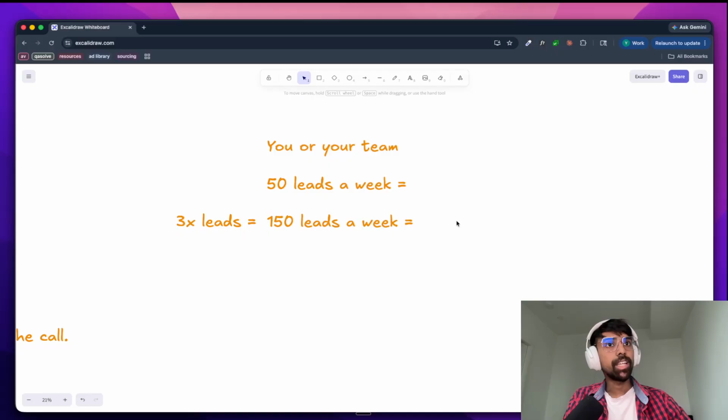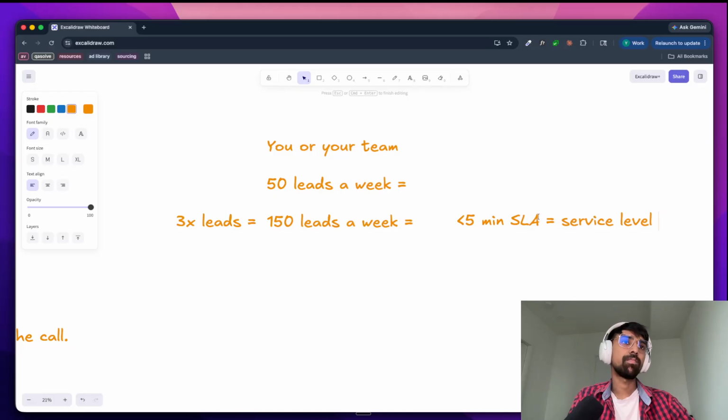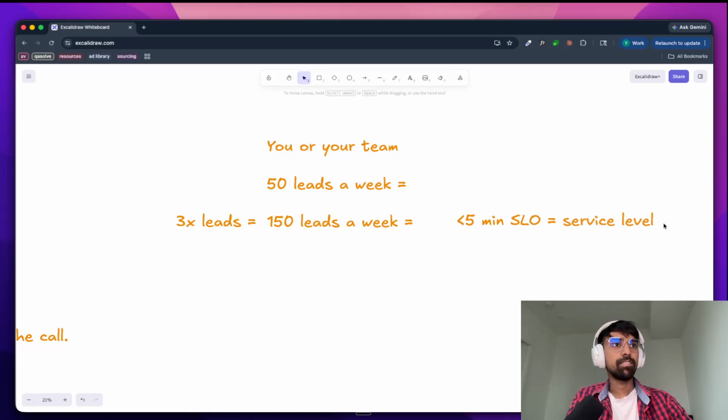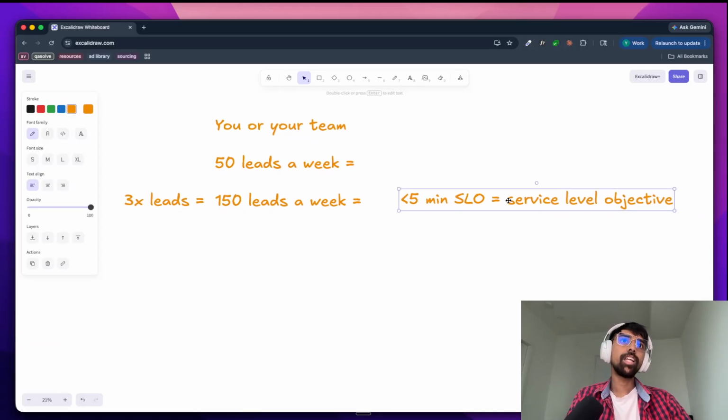150 leads meaning your team or you have to be able to handle that 5 minute SLA. And by SLA, I mean service level, or instead of SLA, let's call it SLO, objective. SLA doesn't make sense. There's no agreement, right? You need to be able to reply in less than 5 minutes for all of those 150 leads.